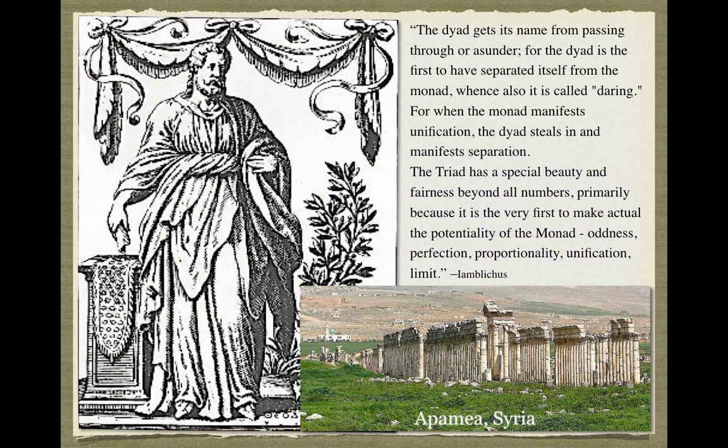He was the descendant of several priest kings of the Arab royal family of Emesa. There were all kinds of seals of this royal family on the internet. He continued the Neoplatonist lineage, studying under Porphyry, but eventually returning to Syria to found his own school at Apamea near Antioch. You can see the ruins of that, or at least of Apamea.